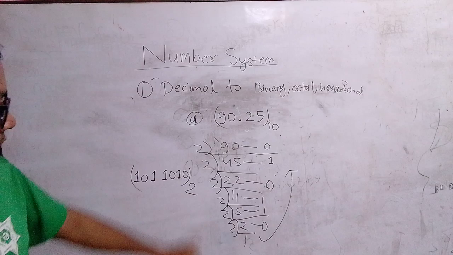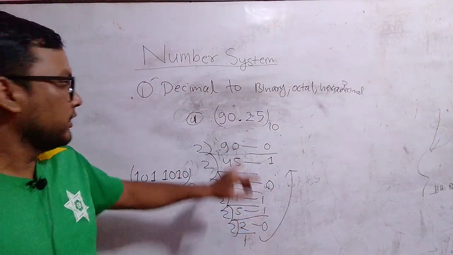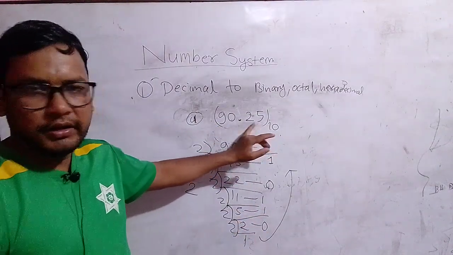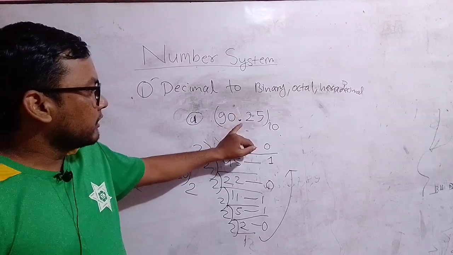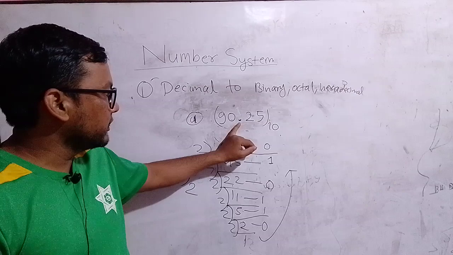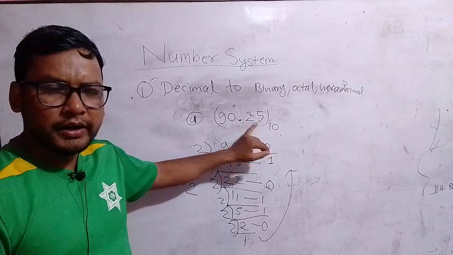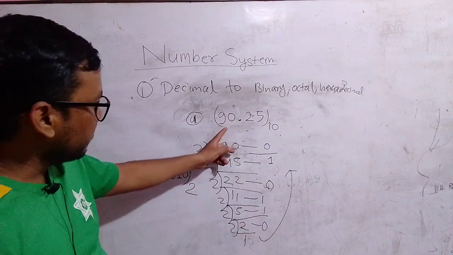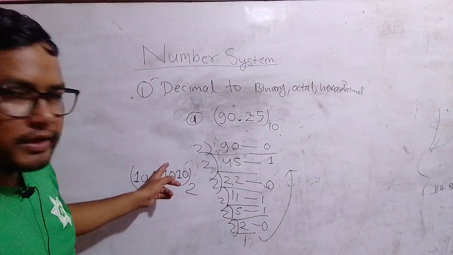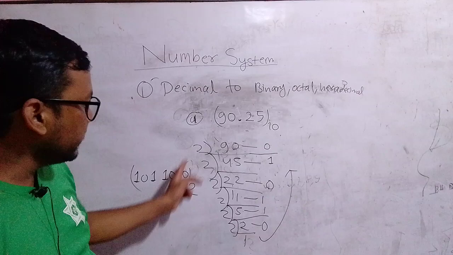We need to separate the integer part and the fractional part. This number contains the integer part 90, and the number after the decimal point is called the fractional number. Now we have obtained the equivalent binary number of 90.